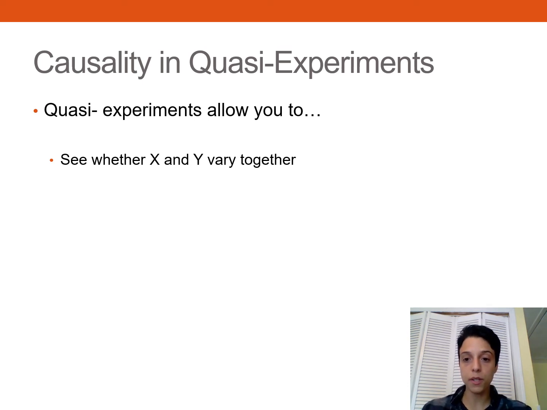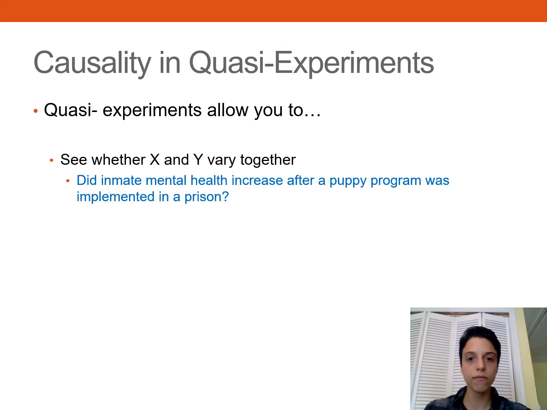So maybe we know there's a puppy program coming, we're going to measure everybody's mental health beforehand, and then we're going to measure everybody's mental health after the program is implemented. And we could see whether there's a relationship between these things. So is there better mental health in a prison after this puppy program is implemented than before? If we answer yes to that question, we could say that there's a relationship between having a puppy program and mental health.